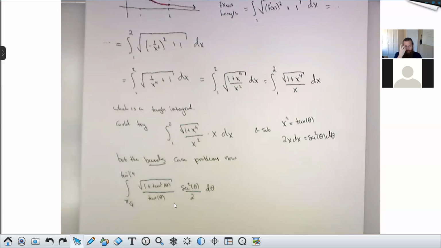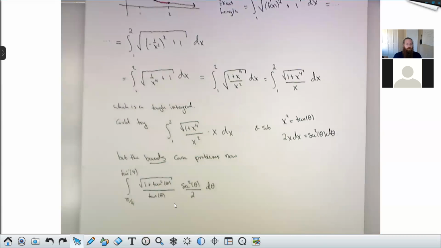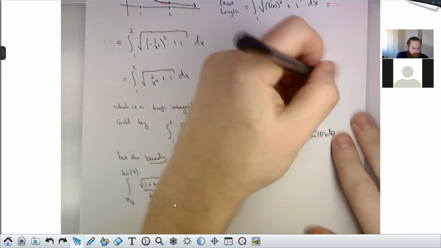And I'm not even sure if we can get this done. We might be able to. I'll entertain the idea. But the problem in the textbook asks you to use Simpson's rule, which suggests that it's probably not nice. So if we were stopping the problem, this would be the place to stop.